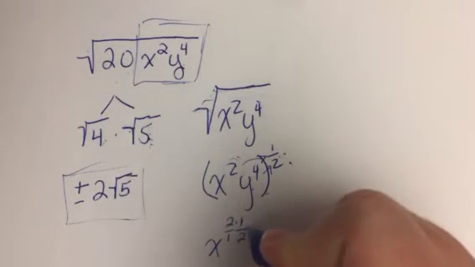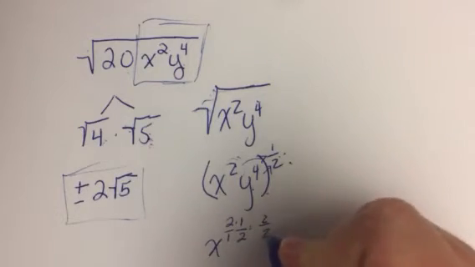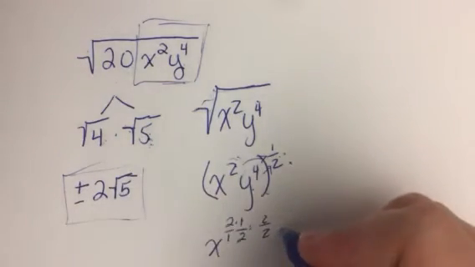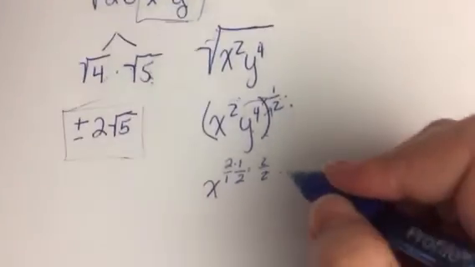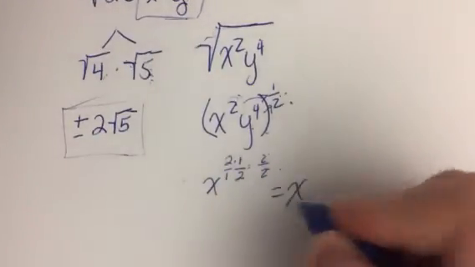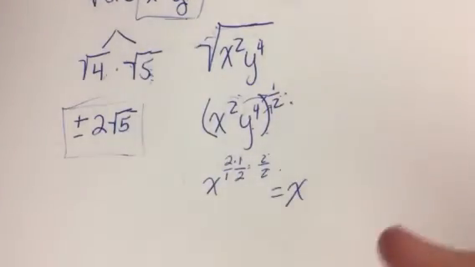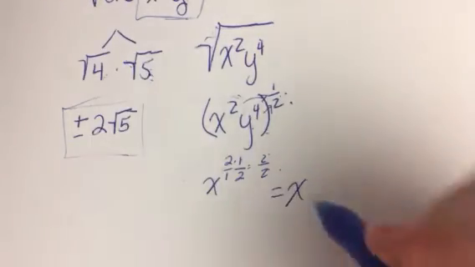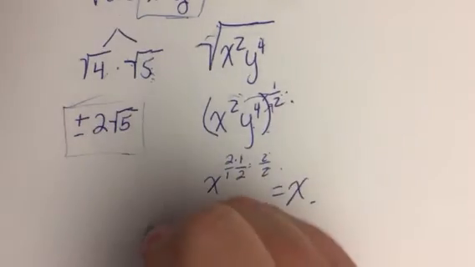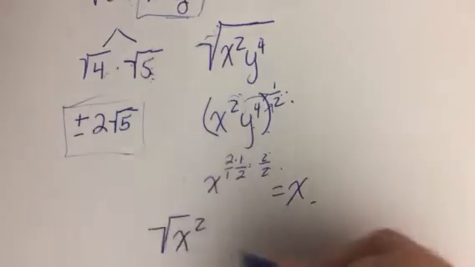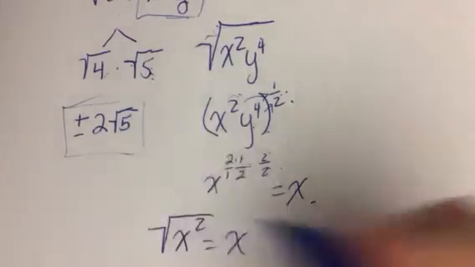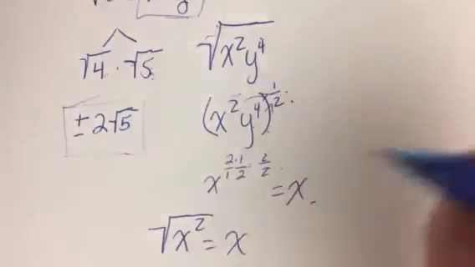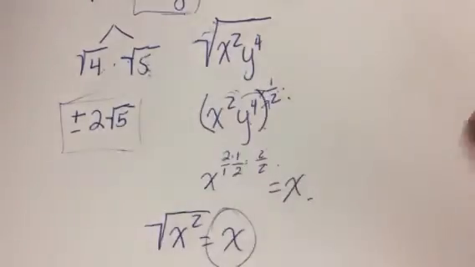Well, 2 times 1 is 2, 1 times 2 is 2. So x is going to be to the 2/2 power, which really leaves us with x, which tells us that the square root of x squared is x. I'm going to write that out here: the square root of x squared equals x. I'm going to circle that so I don't forget it.